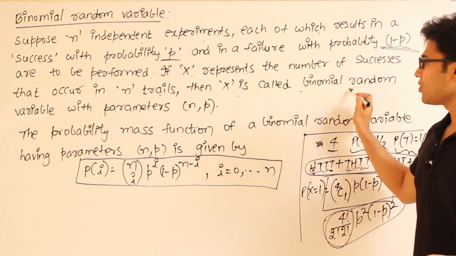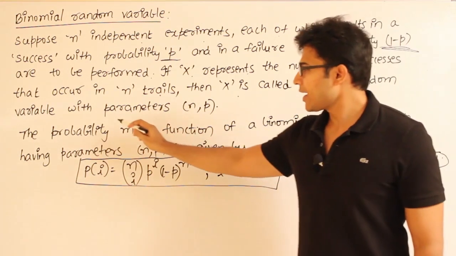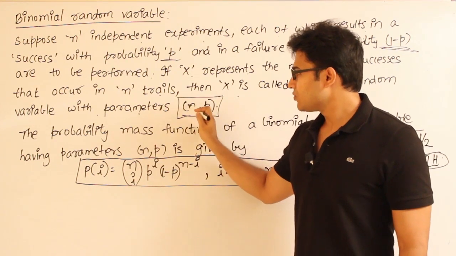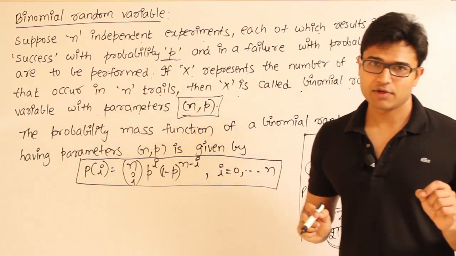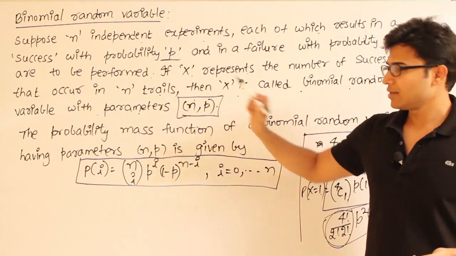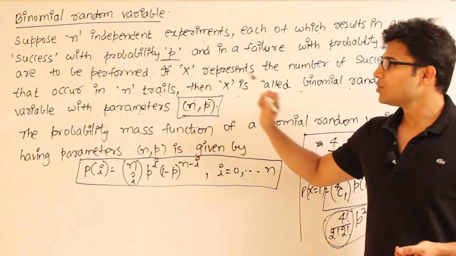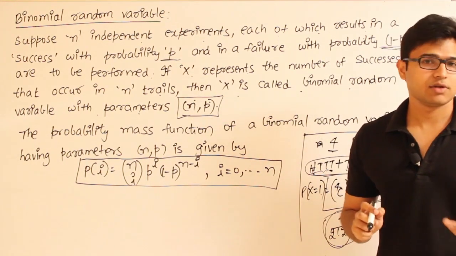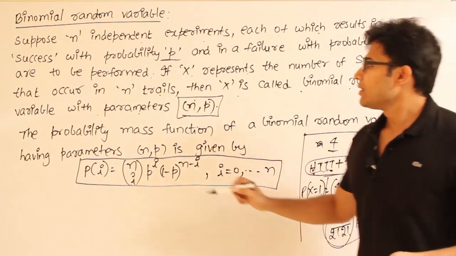Then capital X is called a binomial random variable with parameters n and p, which means if you want to talk about a binomial random variable, you should give 2 values. How many times are you conducting the experiment, which is n, and what is the probability of the success in each experiment, which is p. If you can give these 2 parameters, you can talk about that variable.